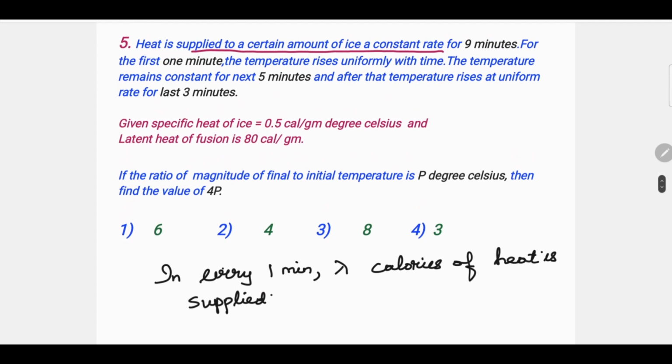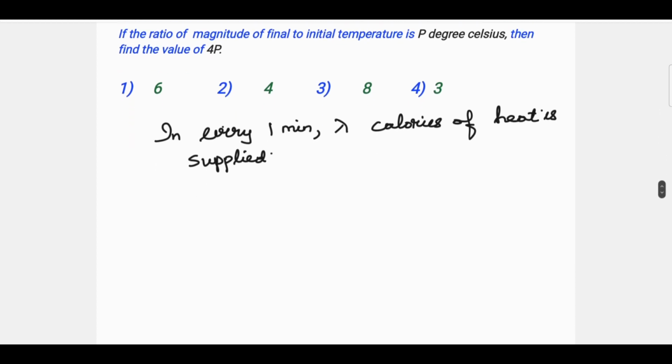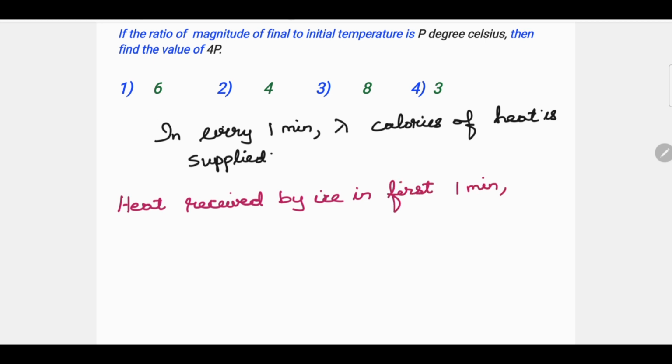Now we can look into the question. For the first 1 minute, the temperature rises uniformly with the time. So we are giving heat to ice. So in 1 minute, the temperature is rising. So we can think like this: heat received by ice in first 1 minute, we can write it as Q1. So Q1 is equal to, we can straight away write lambda into 1.